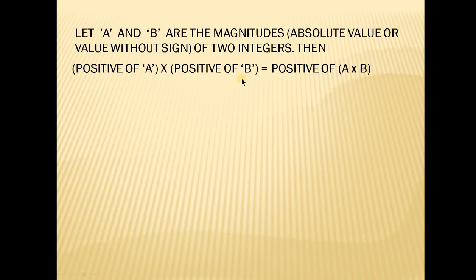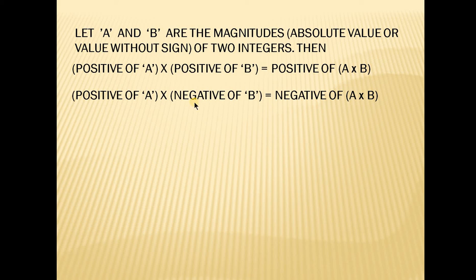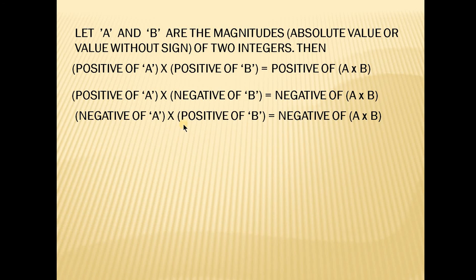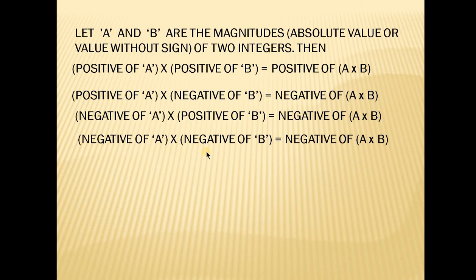Then positive A multiplied by positive B equals positive A into B. That is, two positive numbers multiplied, the answer is positive. Positive A multiplied by negative B gives negative A into B. Negative A multiplied with positive B, again negative A into B. Negative A, negative B, both are negative, so in this case it is positive A into B.